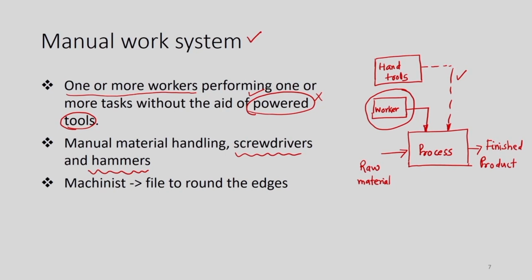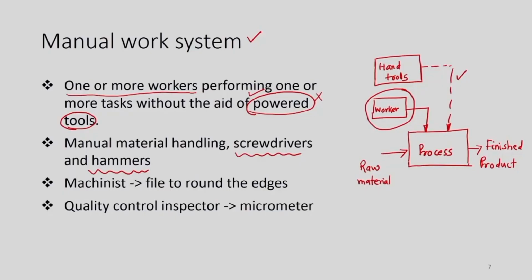These are some of the examples: a machinist is using a file to round up the edges and make them blunt. A quality control inspector is using a micrometer gauge to measure the dimensions of products.